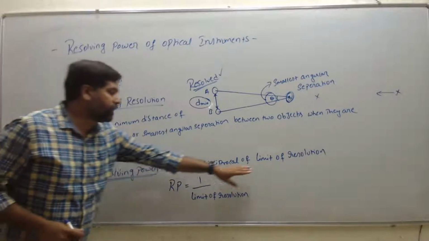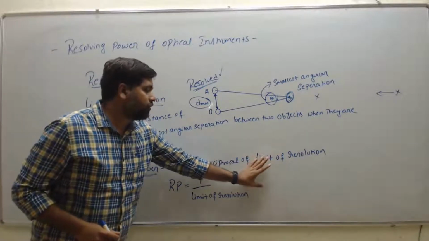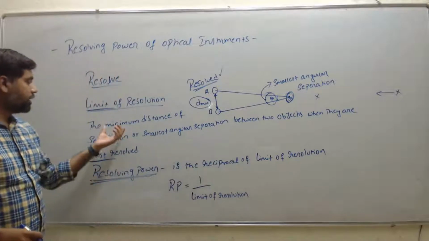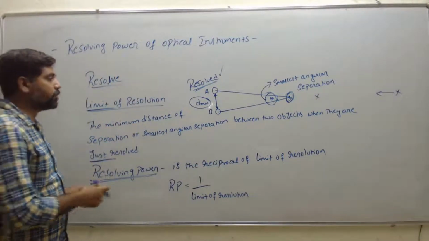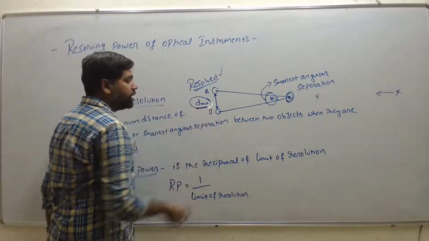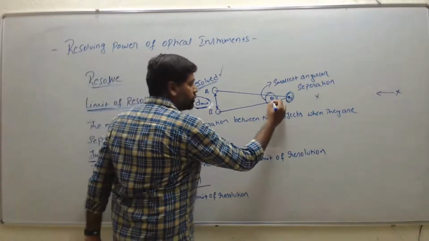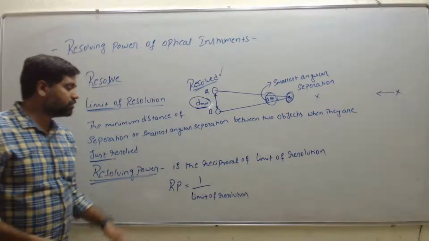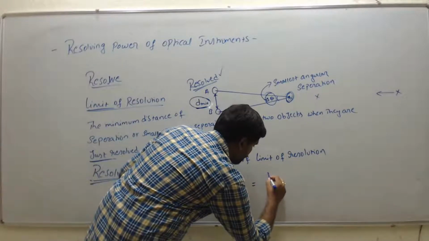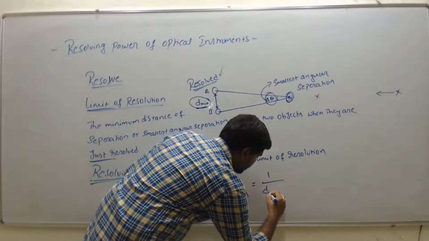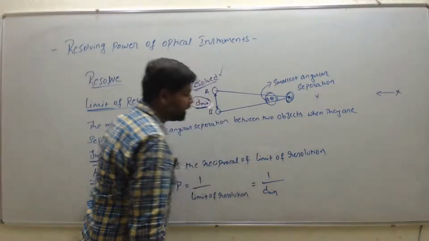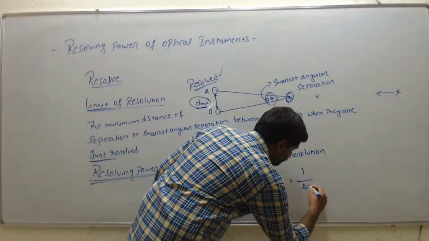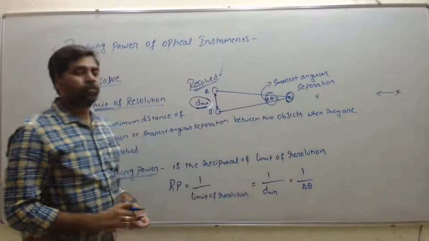In place of the limit of resolution, we can write its definition. The minimum distance of separation we take as d minimum, or the smallest angular separation as delta theta. Then resolving power equals 1 divided by d minimum, or 1 divided by delta theta.